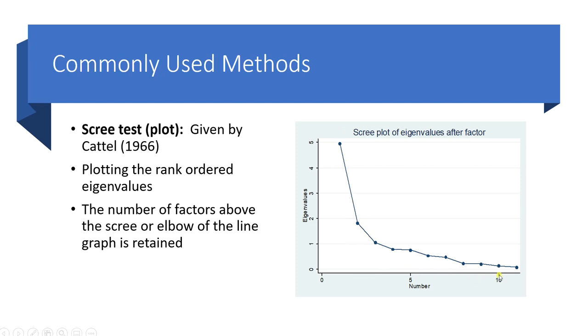This is the scree and the factors above this scree. So there are two components or factors above this scree. Therefore, this scree plot suggests that two factors should be retained. Another way is that there is an elbow in this plot and the factors above the elbow of the scree plot are retained.